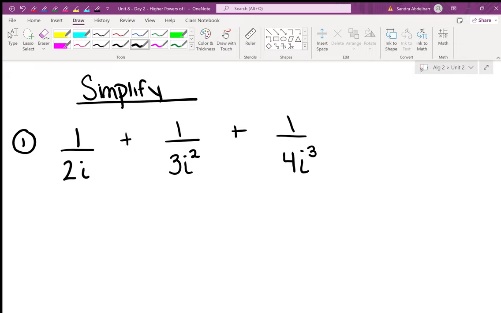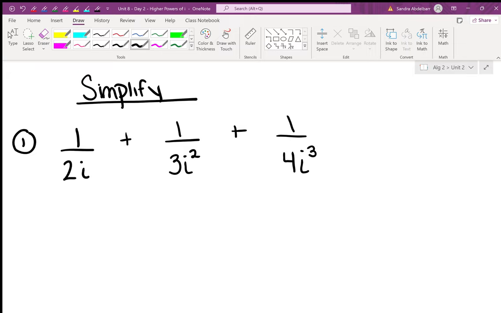No. Since it's not an equation, am I allowed to eliminate the denominator? No, we cannot eliminate the denominator. I am going to have to create a common denominator, but before I create a common denominator, what must I do first? David? We must rationalize it.